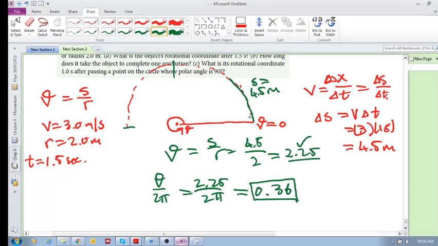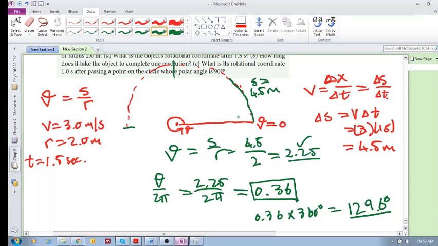Okay? And remember, if you want to know what the degrees are, you multiply this 0.36 times 360 degrees, and we get what? 0.36 times 360, if I didn't make a mistake, is about 129.6 degrees. Just check me on that.